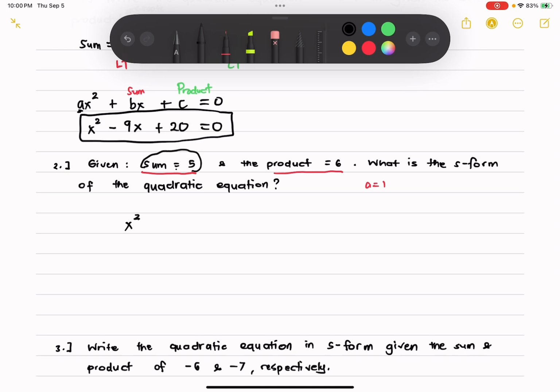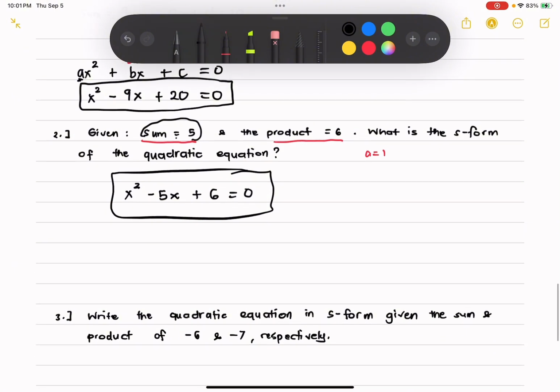Pag sum, opposite ha. So, kung positive 5 yan, magiging negative 5x lang yan. And the product is positive 6. So, plus 6 equals 0. This is now the answer for number 2. So, standard form ha. When you write your quadratic equation, kailangan naka-set yan in standard form.